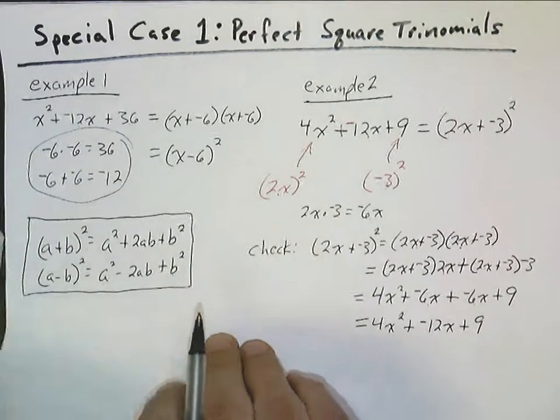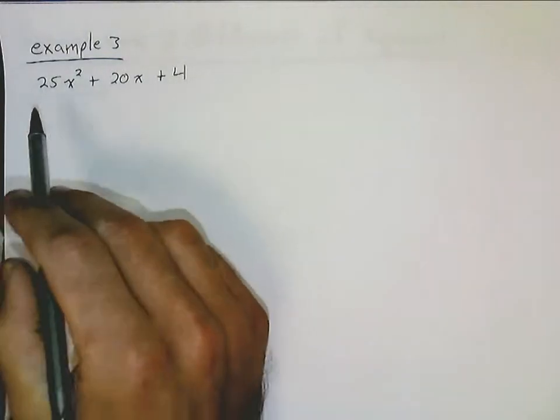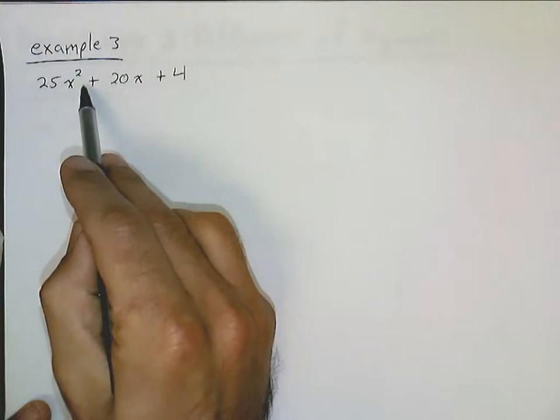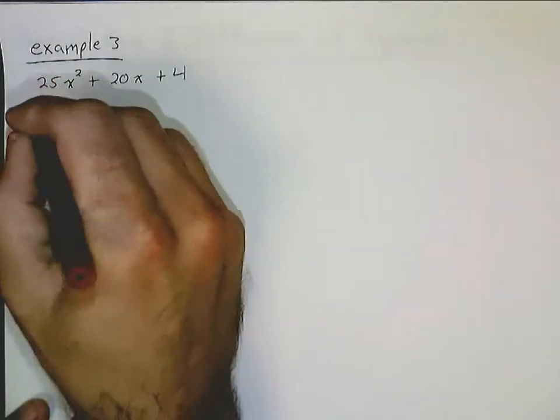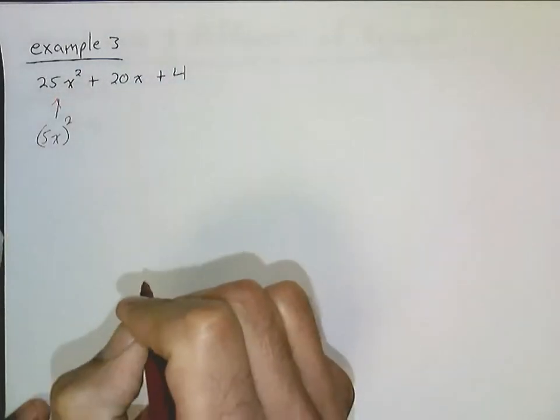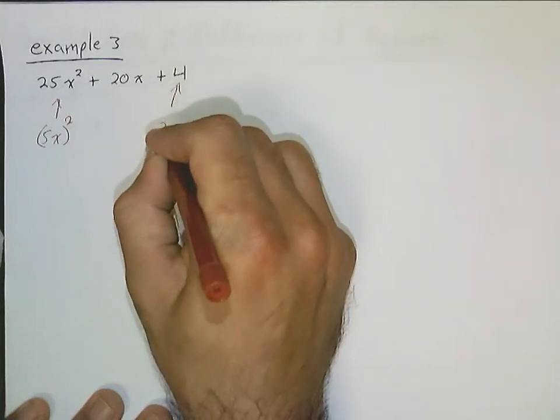Let's try one more here: 25x squared plus 20x plus 4. Notice here, the first thing you should be looking for is, is this quadratic term a perfect square? Sure. 25x squared is actually 5x squared. 4, that's a perfect square.